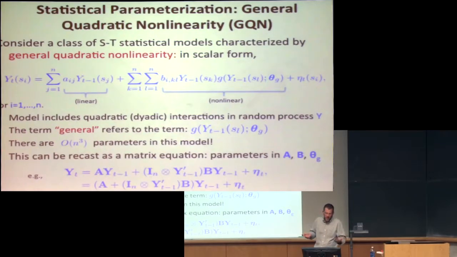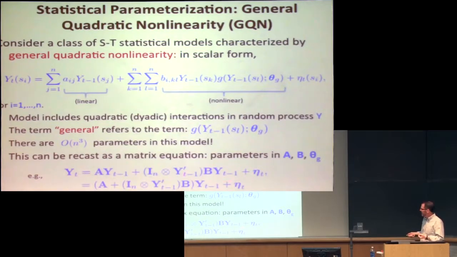Well, I won't go into it, but you can show that without that, in most cases, these things will have a finite time blow up, okay, if that matters. The problem is there's order n cubed parameters here, right? And if I couldn't estimate n squared parameters, typically, how am I going to estimate n cubed parameters? And I can't really do it.